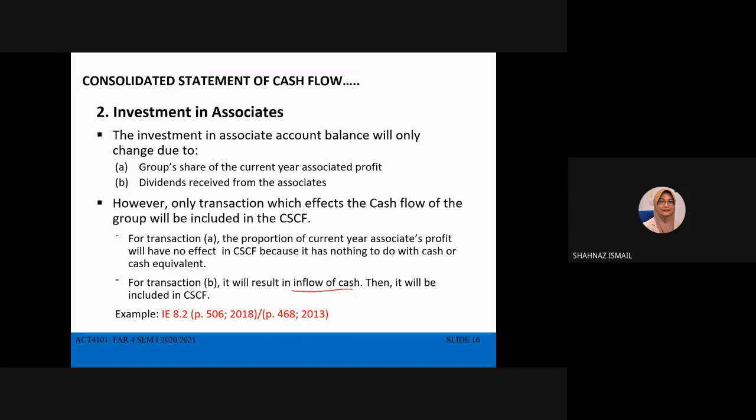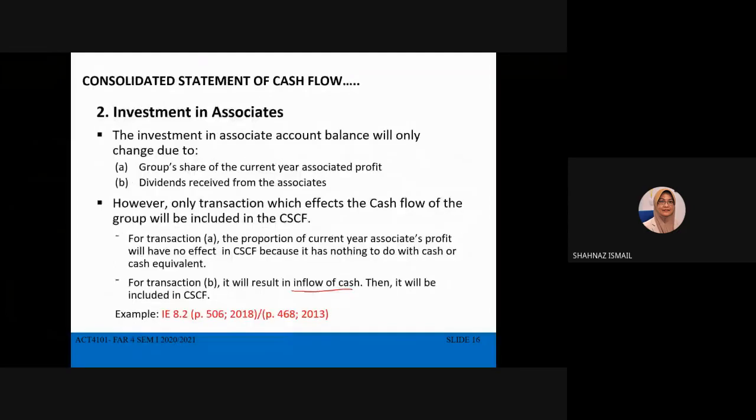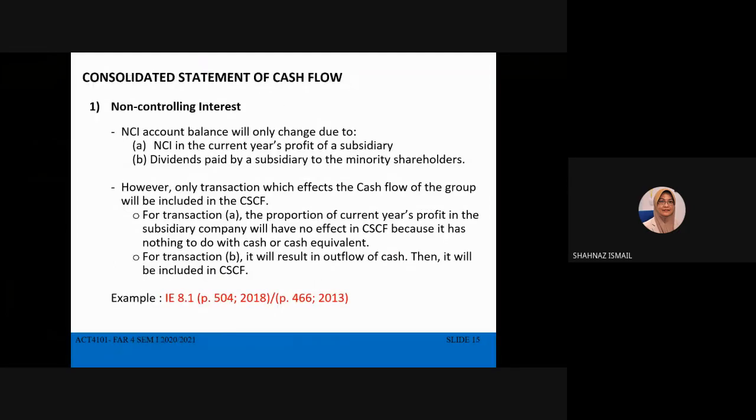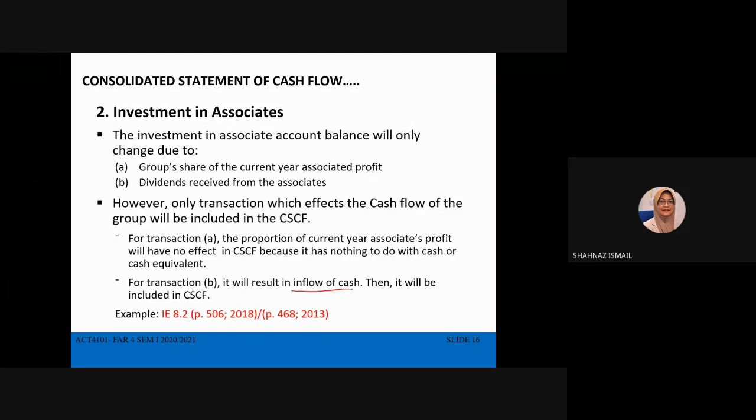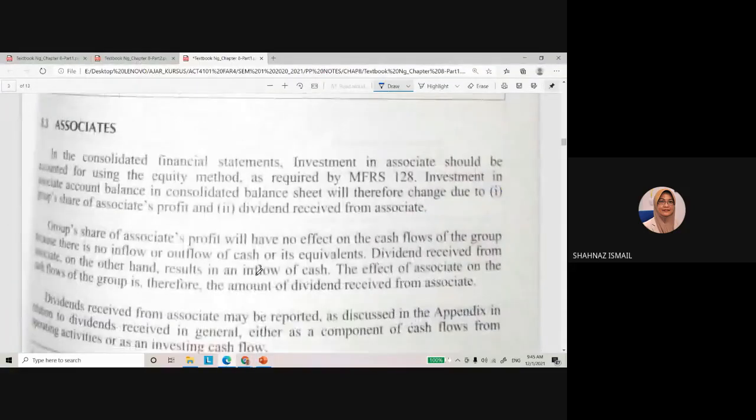Okay, kalau tadi melibatkan outflow. Dividend tadi adalah outflow, tetapi associate dia melibatkan inflow. So how should we record this? Ataupun how should we disclose this di bawah console cash flow? Okay.